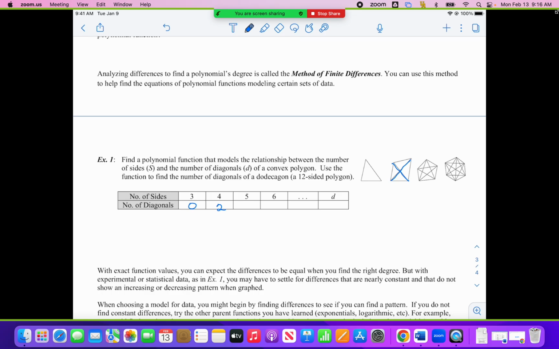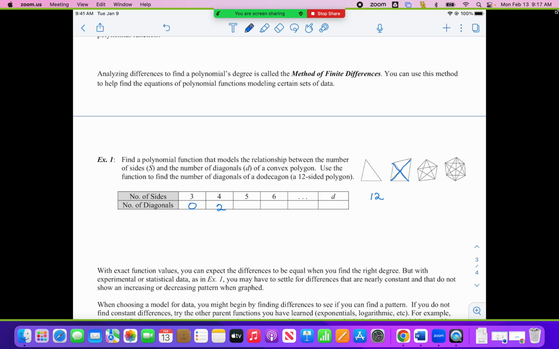What I want you to do is count for the pentagon how many diagonals, and I find it easy if you use your pen and you draw them, you'll be able to count how many there are. And then do the hexagon. Then I want you to figure out how many would be in a dodecagon if you follow the pattern.